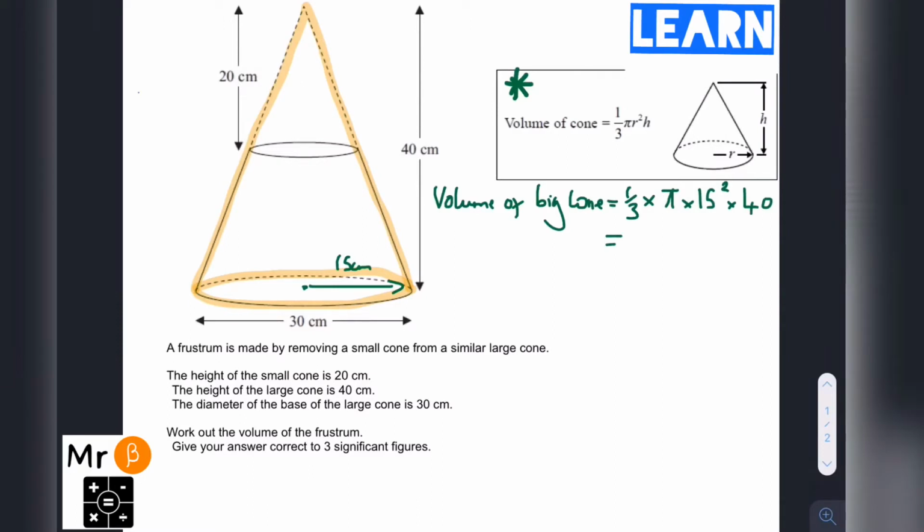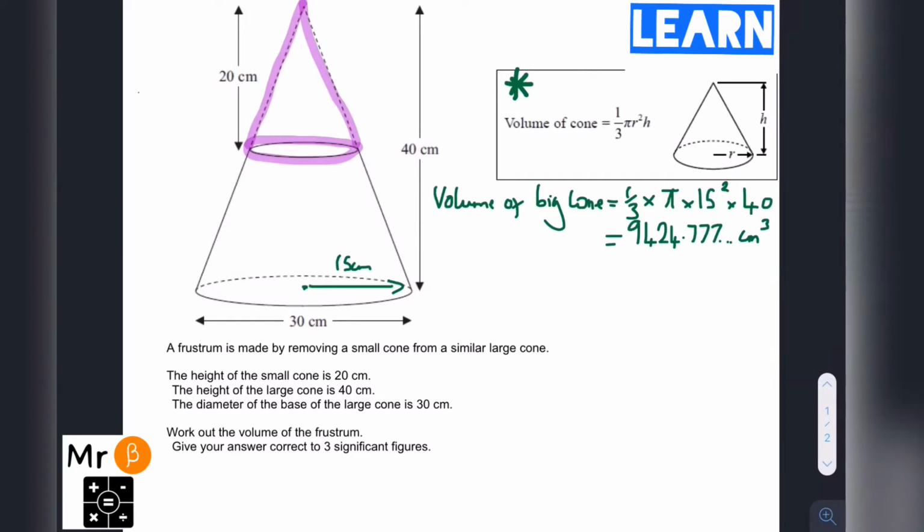So now if we type that in our calculator, we get 9,424.777 centimetres cubed. So our next step, we have to work out what the volume of this top cone is.